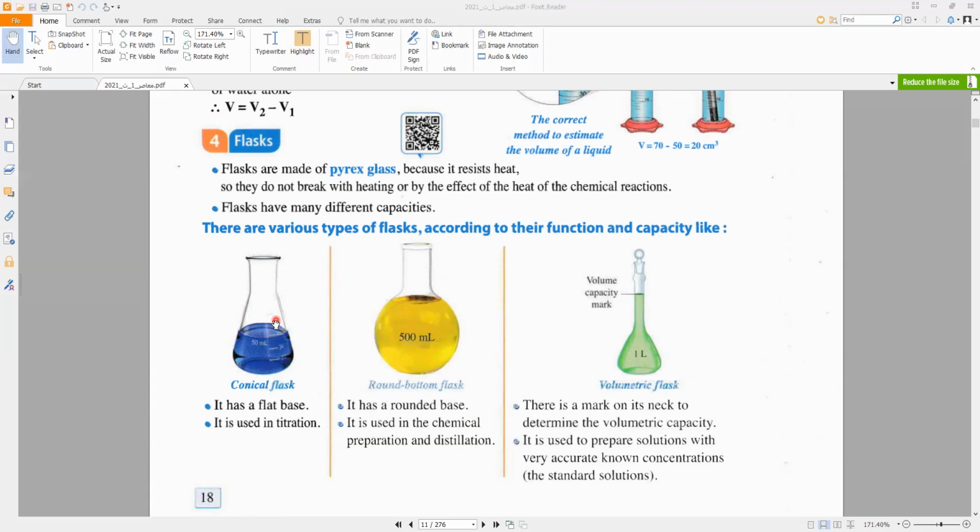Again, what's meant by titration? Titration is a process where we have two solutions, one of them with known concentration and volume, and the other with unknown concentration. We calculate the concentration of the unknown solution by using the other solution. So conical flask is used in titration.